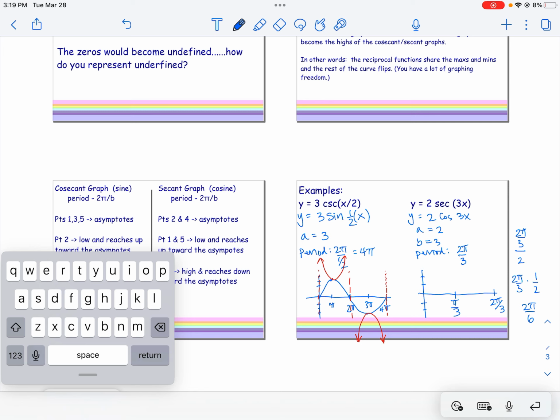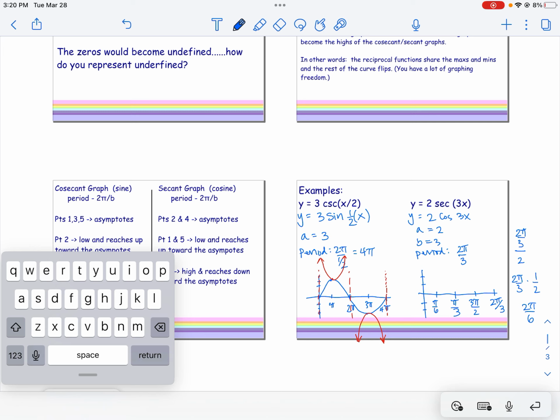Now, halfway between 0 and pi over 3 is going to be pi over 6. I know that because if pi over 3 is 60 degrees, half of that is 30. And now, halfway between 60 and 120, that's going to be 90.